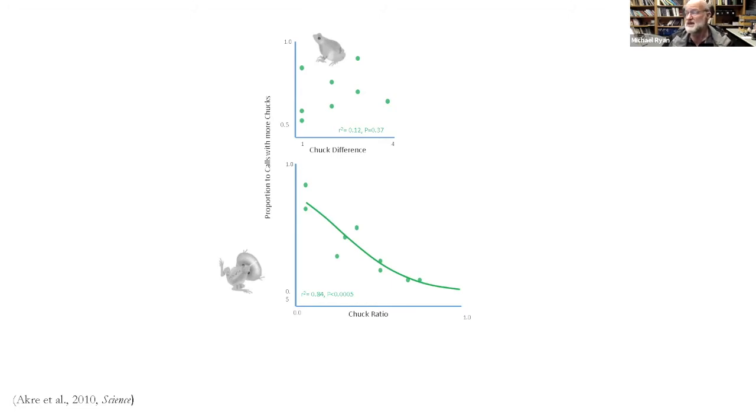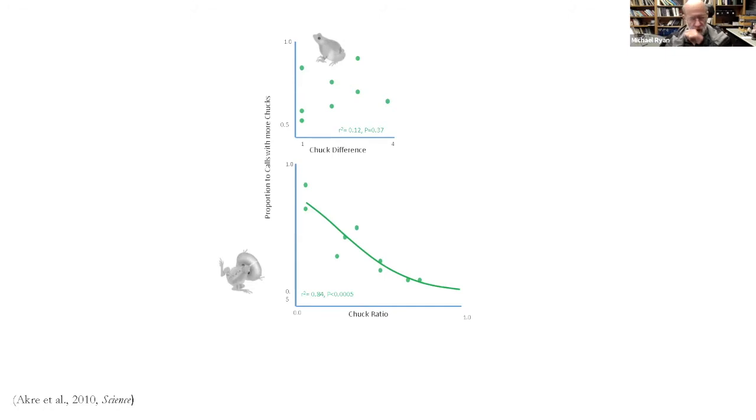And what we see is that the absolute difference in the number of chucks doesn't explain a significant amount of the variation. The correlation coefficient squared is only 0.12. So chuck difference is only explaining 12% of the variation in the female preference.